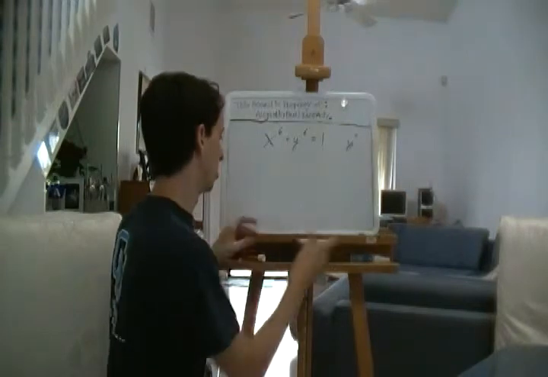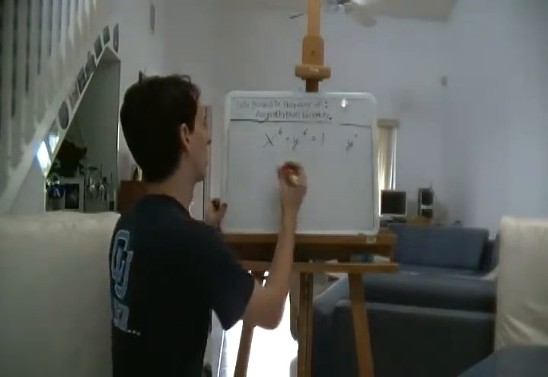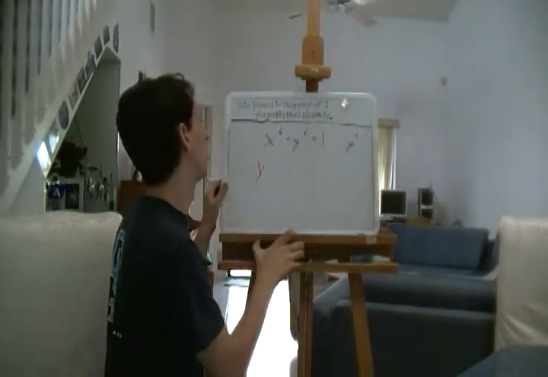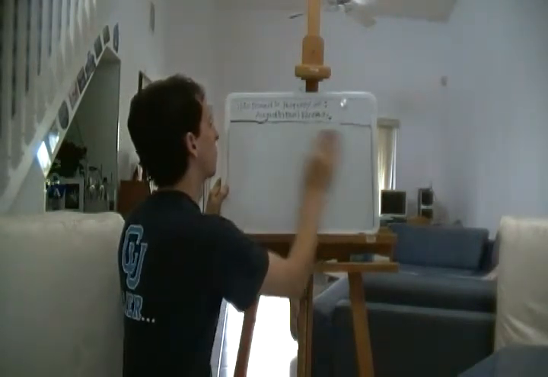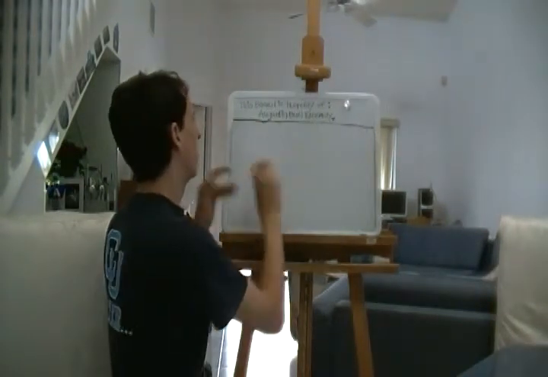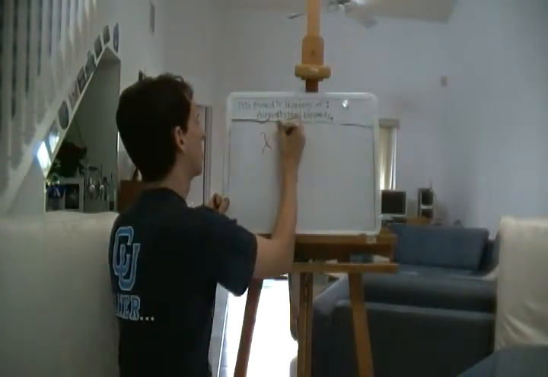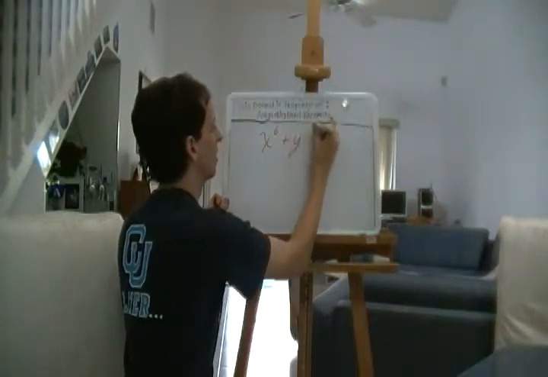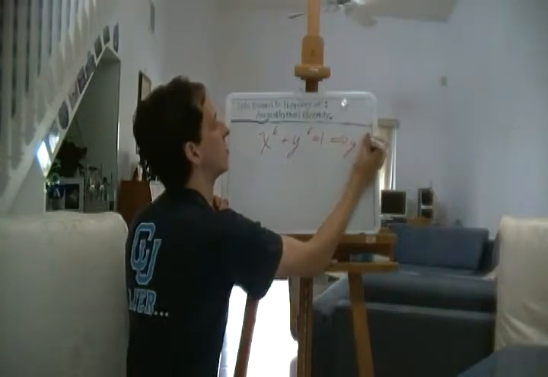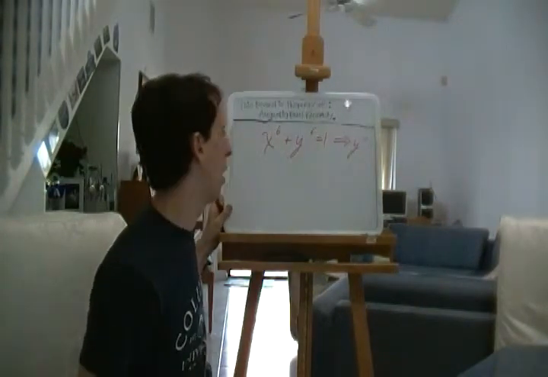Sorry, but there's just going to be no way that you can read this. Okay, yeah, that should be legible. I'm going to rewrite. You are given x to the 6 plus y to the 6 equals 1, and I asked you to find the second derivative, y double prime.